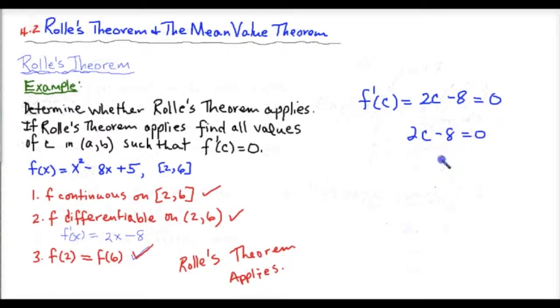Add 8 to both sides, we get 2C is equal to 8. Divide both sides by 2, C is equal to 4. We're going to have to make sure that the value that we find falls within the interval from 2 to 6. C does fall between 2 and 6. So this is the C value that we found.